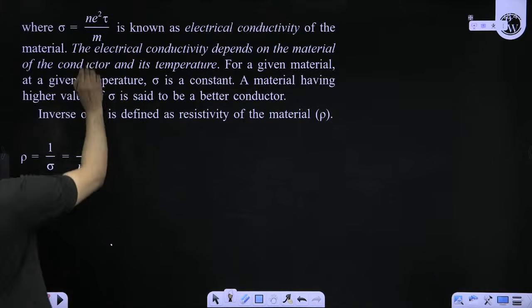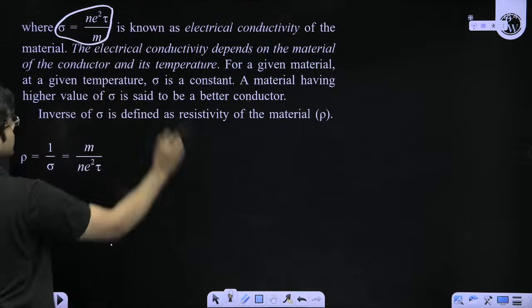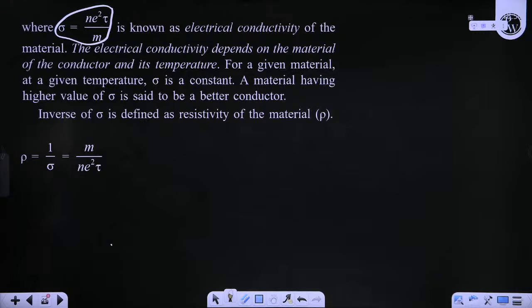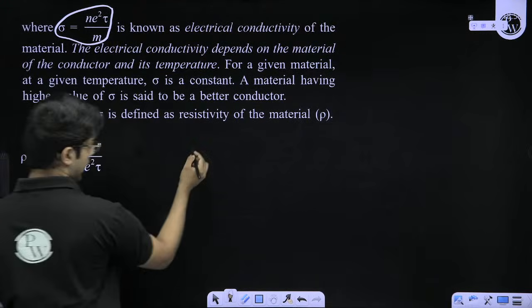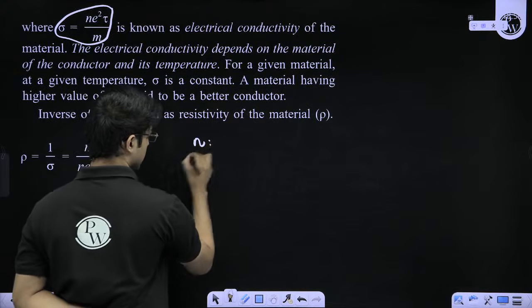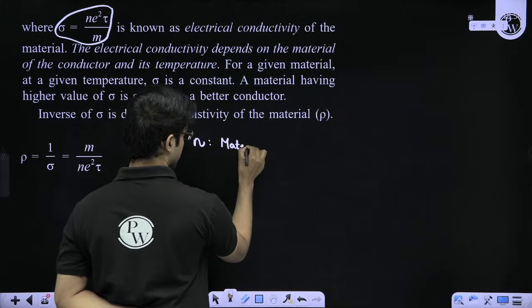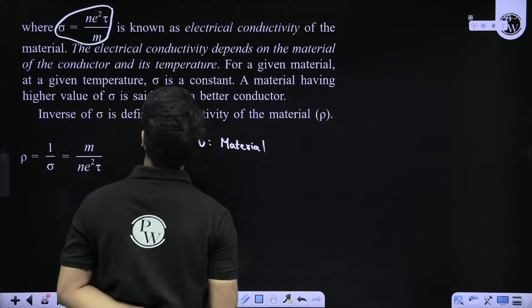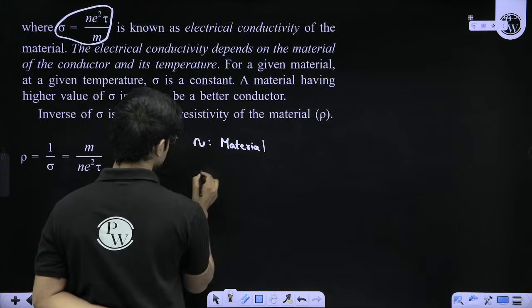So this Ne square tau by m, this formula is also relevant, guys. It's the conductivity. Conductivity depends on the material of the conductor, right? N is a variable which depends on the material. E and m are basically electron properties.